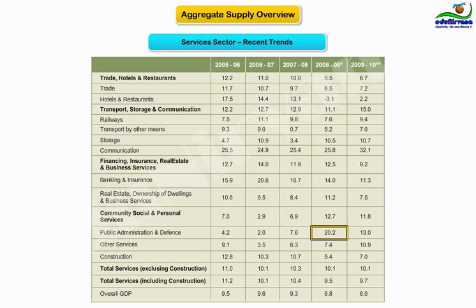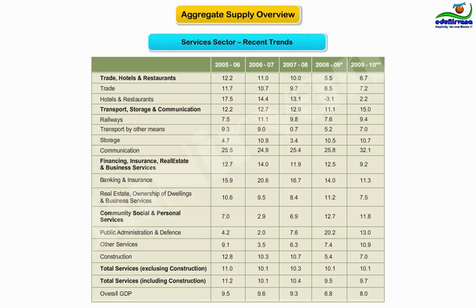This category has continued to grow rapidly in 2009-2010, despite a slowdown in growth in public administration and defense, due to the commitment for pay arrears under the new revised scale for government employees coming down, offset by the rise in growth of other services, reflecting the fiscal stimulus to social sector activities.